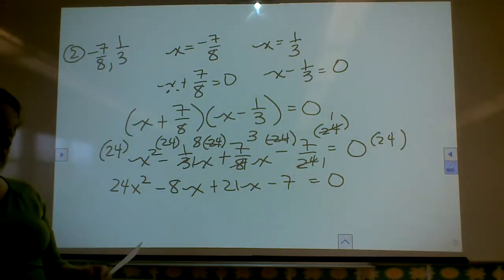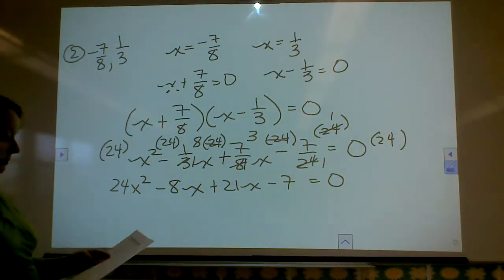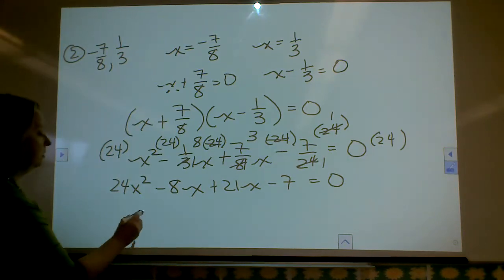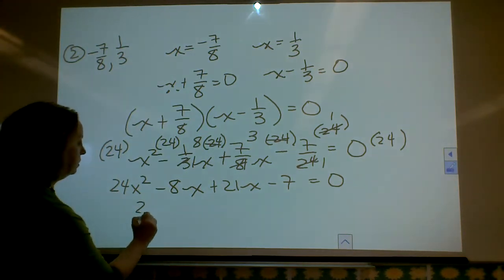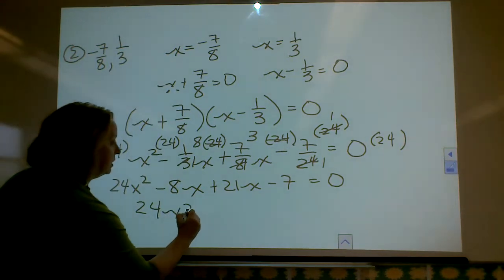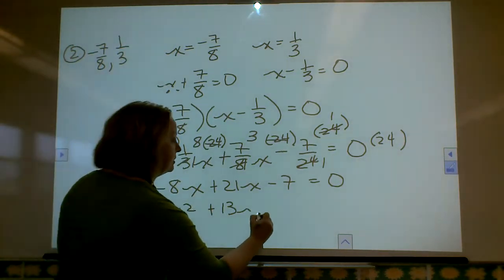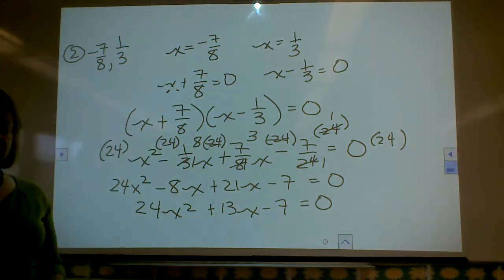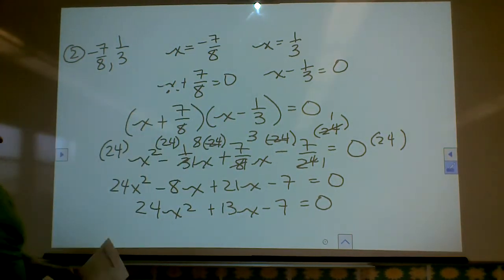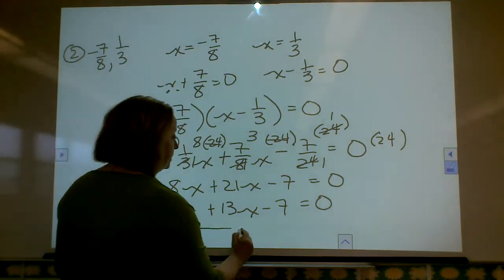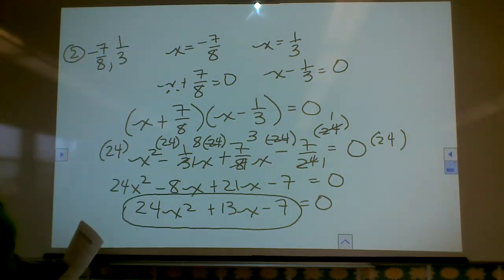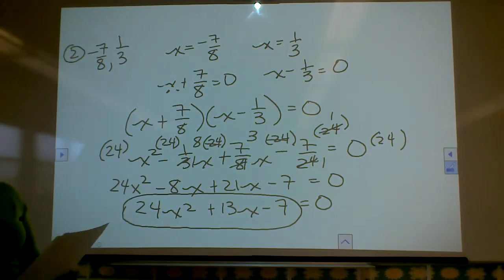And then all we have to do is combine like terms. So it's going to come out to be 24x squared plus 13x minus 7, and that's equal to 0. And then all we have to do is just circle this because it's in standard form. And there's our equation that has those as the roots.